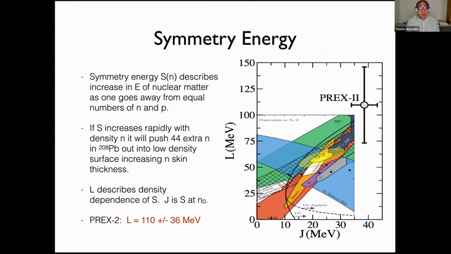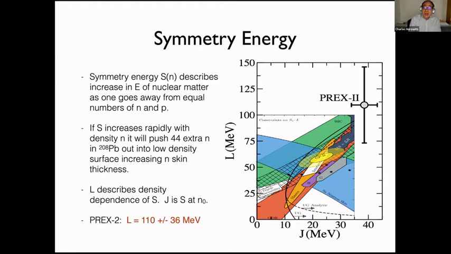Great. So just a couple words on the symmetry energy. The symmetry energy describes the increase in energy of nuclear matter as one goes away from equal numbers of neutrons and protons. If the symmetry energy has a large density dependence, it increases rapidly with density, then it will tend to push the 44 extra neutrons out of the high density interior of lead, where the symmetry energy is very big.